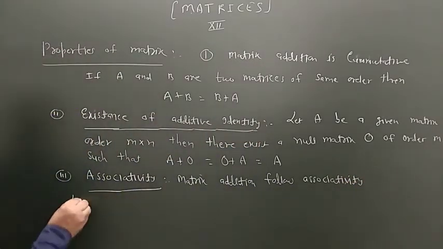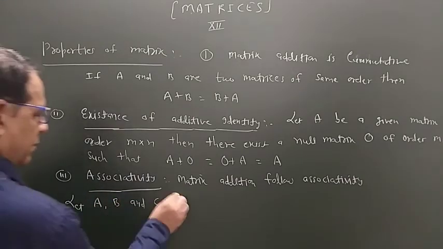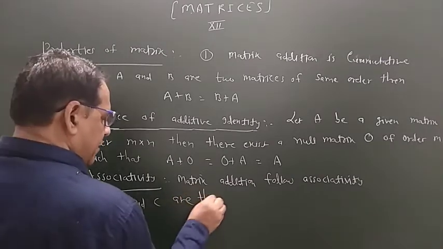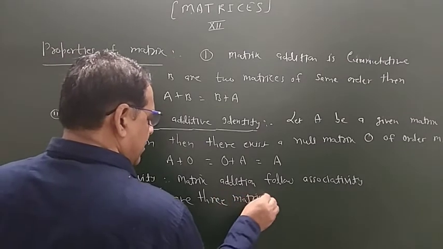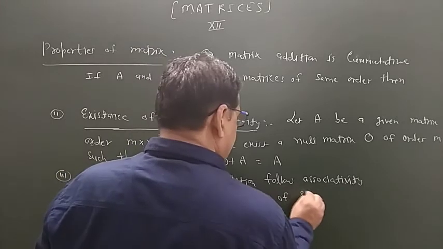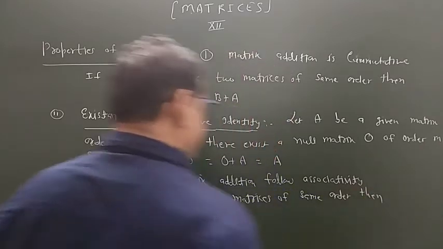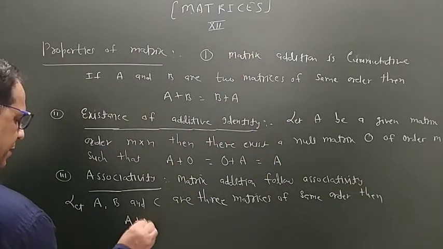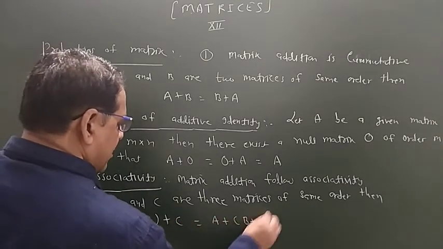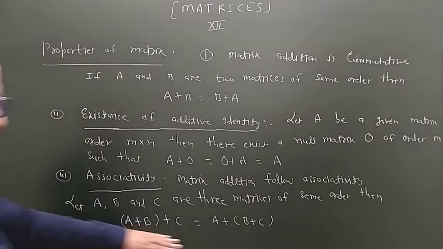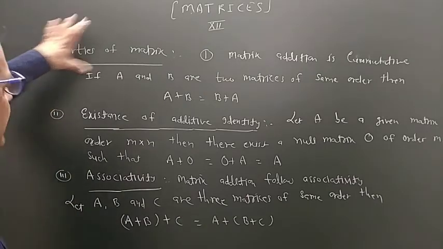Let A, B and C be three matrices of the same order, then (A plus B) plus C equal to A plus (B plus C). This property is known as the associative property.